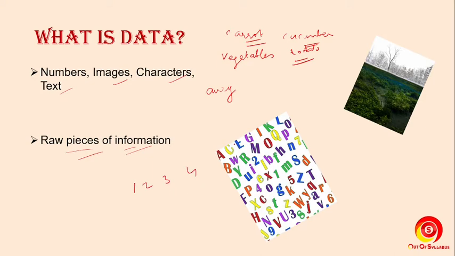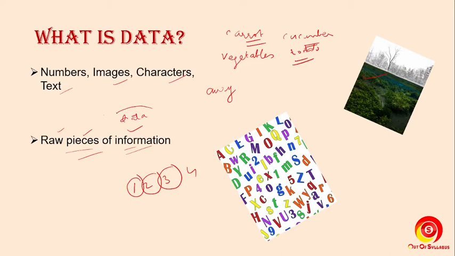We'll have alphabets like A C E G etc. Then we'll have images, videos, audio files, etc. Everything which exists individually. One is an individual, two is an individual, three is an individual. Everything which exists individually can be termed as raw pieces of information, and that is data.